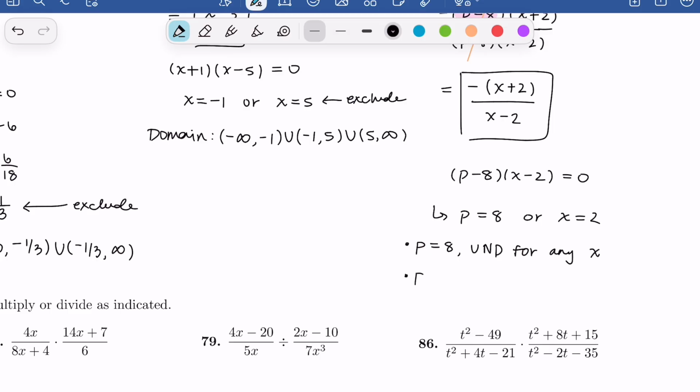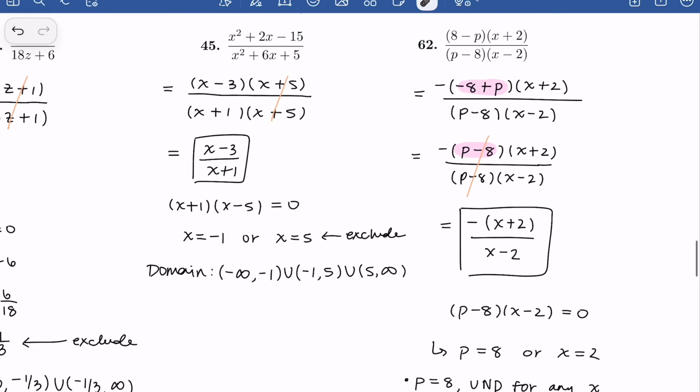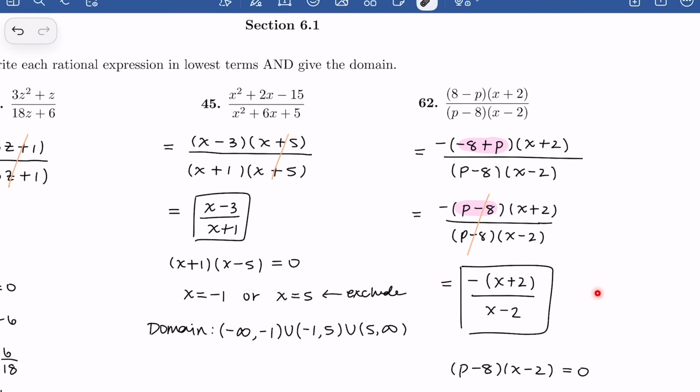And our second case is when p is not equal to 8. If this is the case, then our function is undefined for x is equal to 2. And we're not going to go too in depth about this. We're not super concerned about the domain in this case. I just wanted to explain that this is what we do if we have two different variables. For this problem here, we're mostly concerned about writing this in lowest terms.